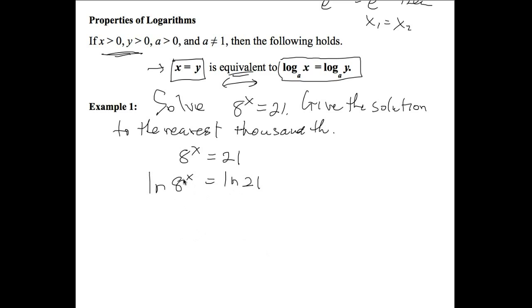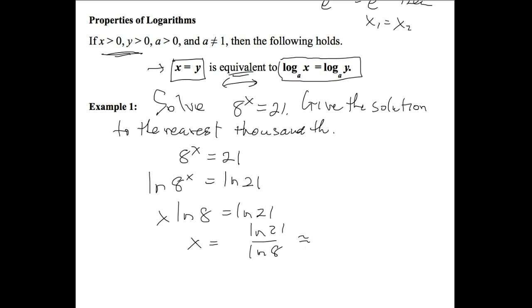Now we can apply the properties of logs, which says this would be x ln of 8 equals the ln of 21. ln of 8 is a constant, so x is going to be equal to the ln of 21 over the ln of 8.